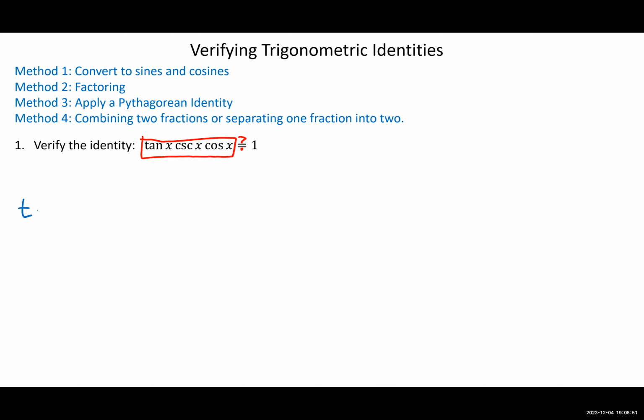We want to take the tangent of x times the cosecant of x times the cosine of x and show that it's equal to 1. Right? Assume these are all true. Our goal is not to determine if they're true or false, or if they work always or sometimes. Assume these are identities. These are always true. Our goal here is to prove that.